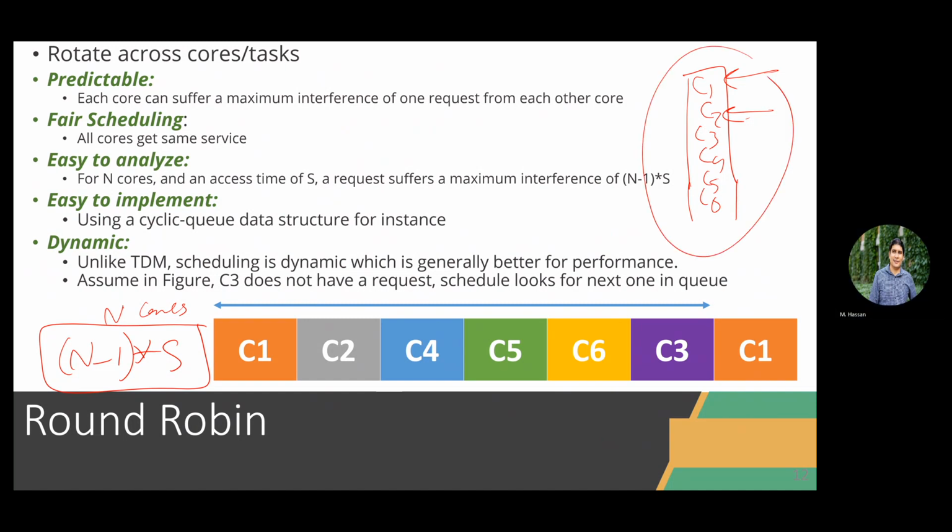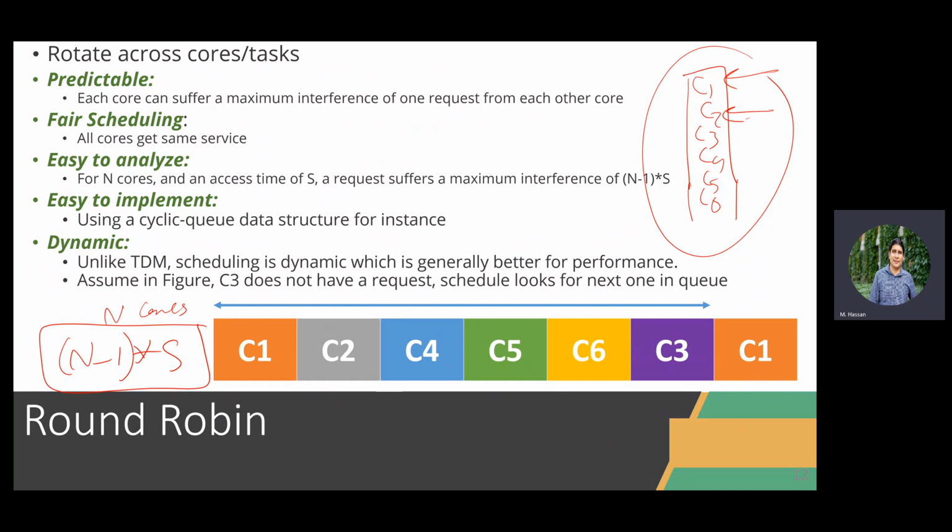One good advantage of round robin compared to TDM is that it is dynamic. It does not have this concept of a static slot being wasted and idle. I always look into what is next, what is next, what is next. So my behavior will depend on the current scenario of the cores. Well, that's a good side of it.